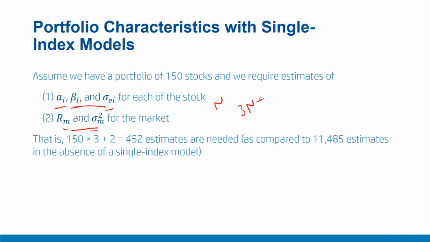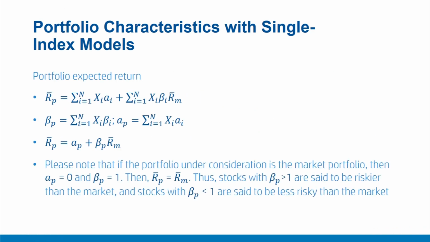Overall 3n plus 2. So if you believe that there are 150 securities that you want to track, you need 450 plus 2, 452 estimates, as compared to the 11,485 estimates when we did not assume any kind of correlation structure like the single index or multi-index model. This is a very small requirement, a very simplifying structure that we have assumed here.